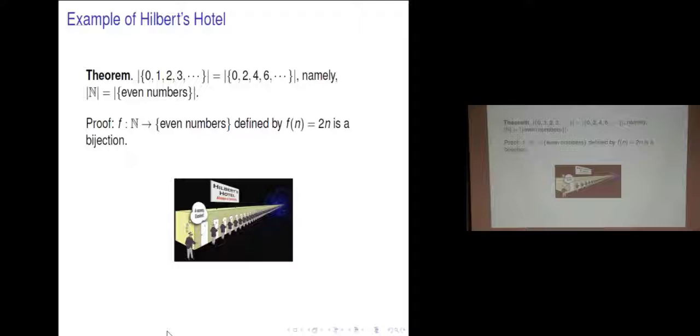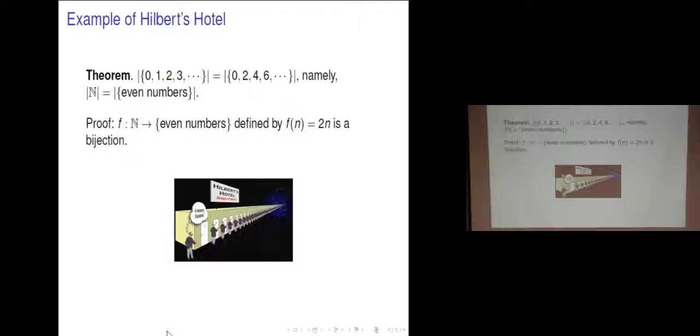Just shift to your next room. Since this goes all the way on, everybody will move to the next room and everybody still has a room. But suddenly number 1 was vacant, so this guest can stay in number 1.